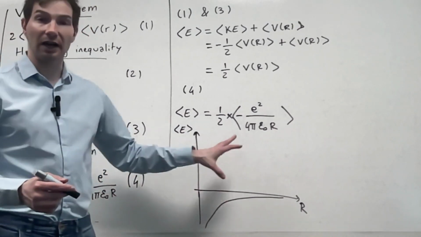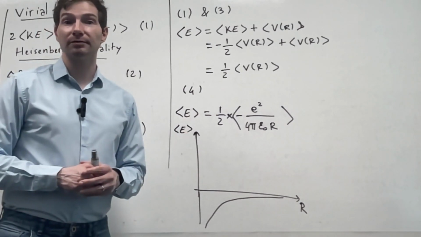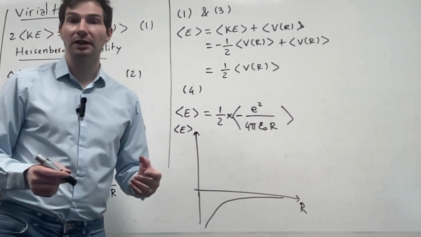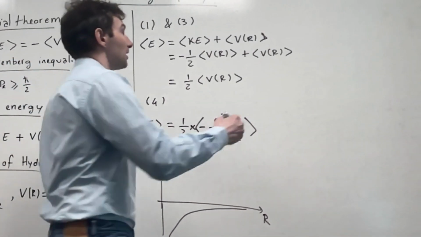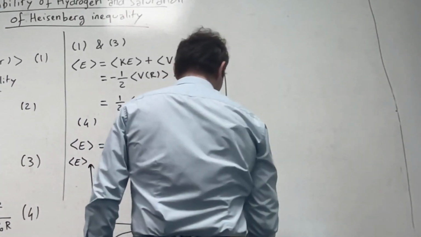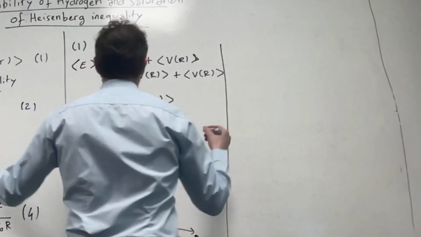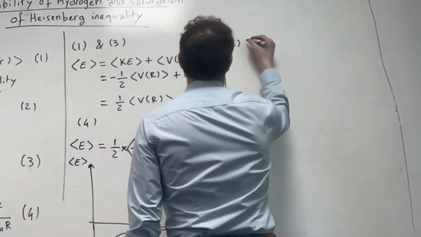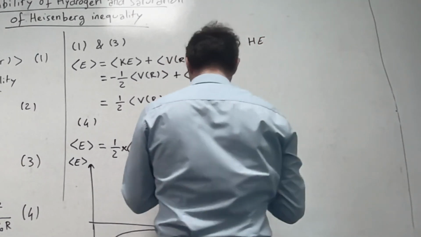So then the problem is, how do we solve the problem that apparently hydrogen atoms are stable? We need to justify that with this particular model. And that's where we get this part coming in, which is basically the Heisenberg inequality. So here we put 2, Heisenberg inequalities.